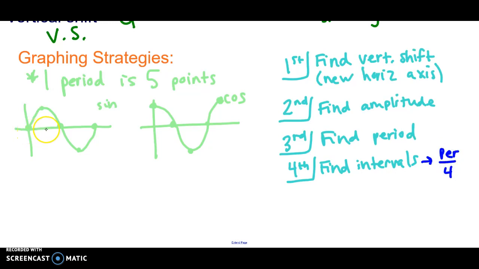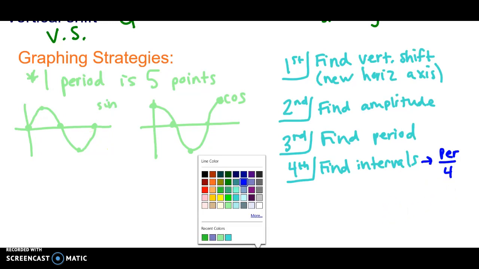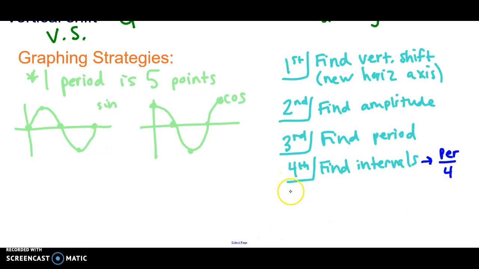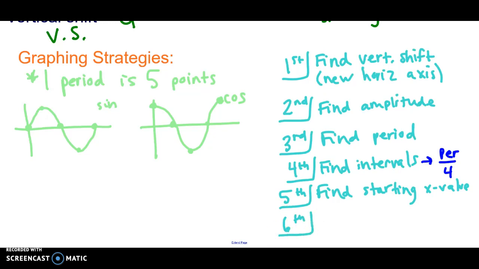Just think about that. 1, 2, 3, 4. Okay, that makes sense. And if it doesn't, think about it harder. Okay, fifth, determine your starting x value. That's related to our horizontal shift. Already talked about how to find that. And then the last thing would be to plot your points. And obviously connect with a curve, because that's important.